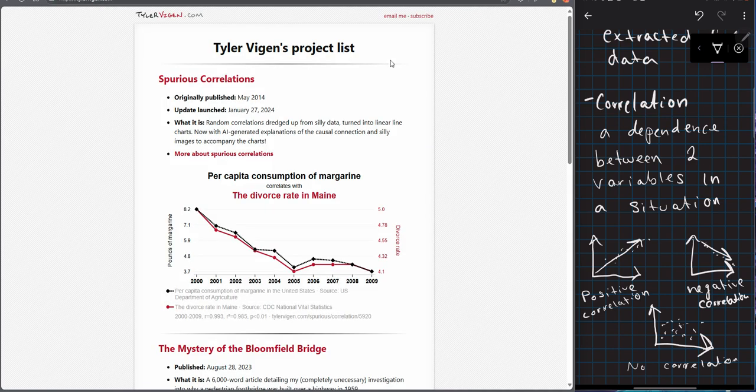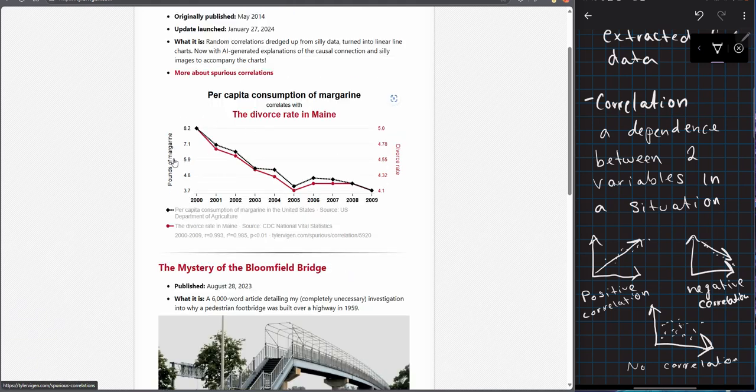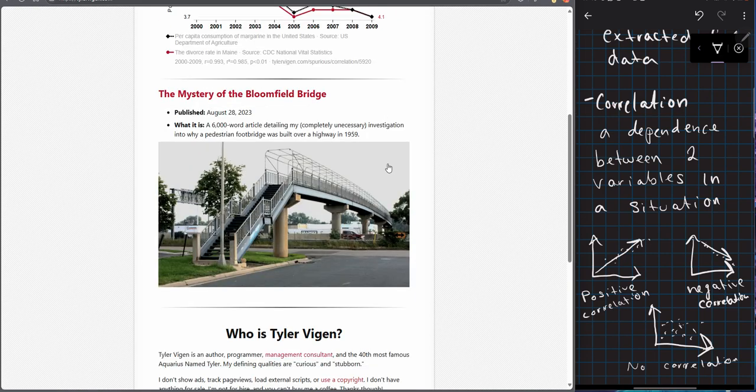It's about two different things that have similar correlations. So the consumption of margarine, I don't know what that means, I think it's something for your pizza, and the divorce rate in Maine, and they have the exact same correlation. It's just funny.